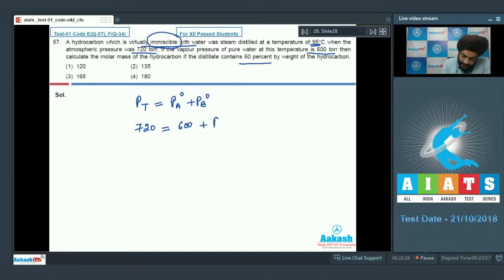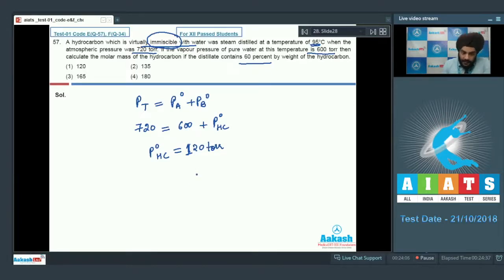So the vapor pressure of the hydrocarbon shall be equal to the difference between these two, which shall be equal to 120 torr. Now it is further given to us that the distillate contains 60% by weight of the hydrocarbon. So it means that the composition of the vapors formed in the first solution will also be the same. It shall also contain 60% by weight of the hydrocarbon.